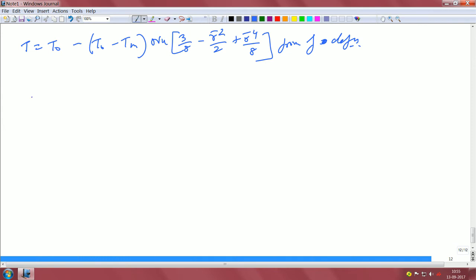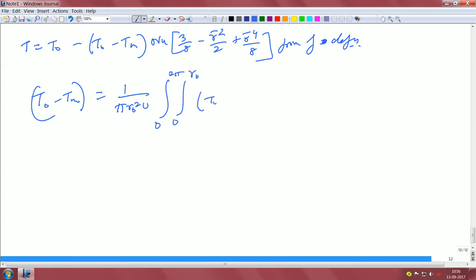Now my original definition of Tm, if you recall, was 1 over r naught into u mean, divided by, this was the integral from 0 to 2 pi and 0 to r naught of T naught minus T u r dr d theta. Do you recall? That was the original definition of Tm.